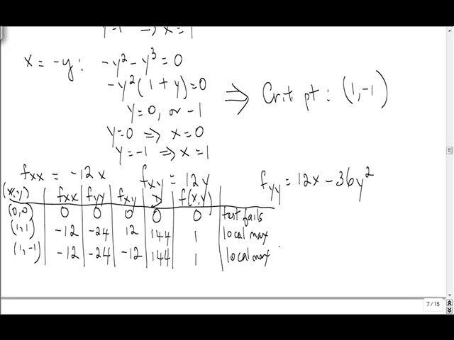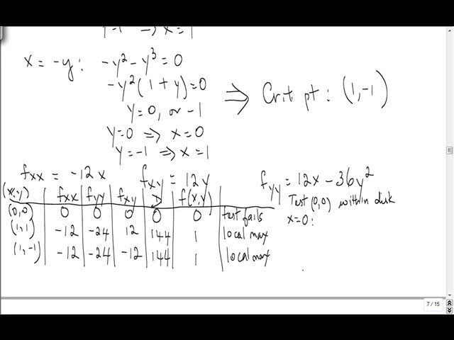Based on the type of function, I would look at this within a disk again. So we test (0, 0) within a disk. Again, I would let x equals 0 remain constant.